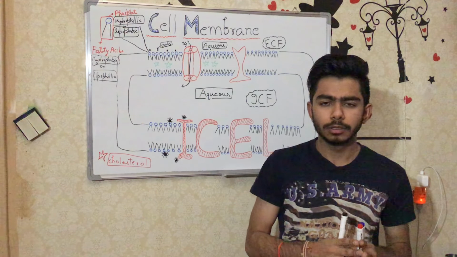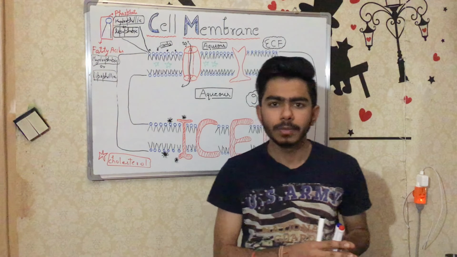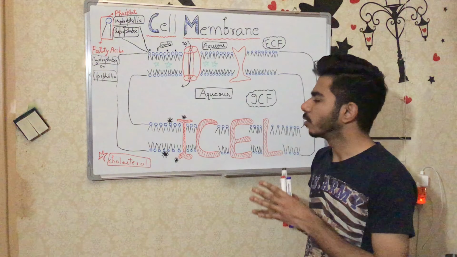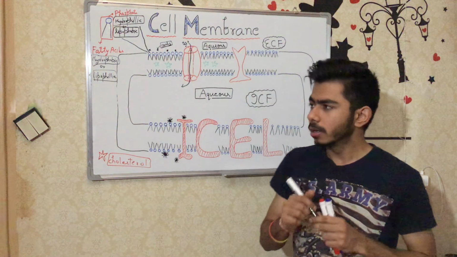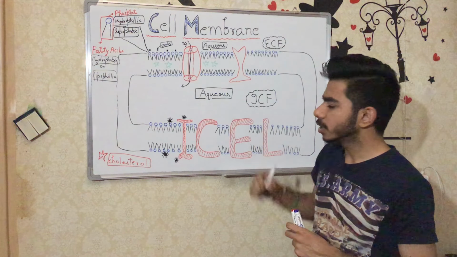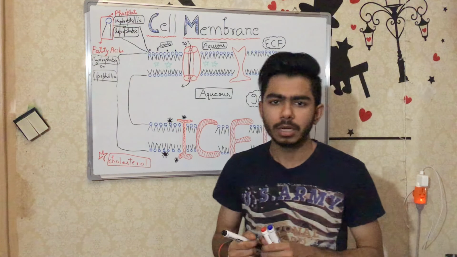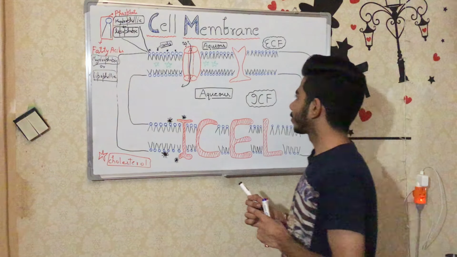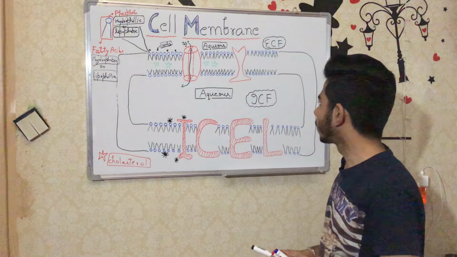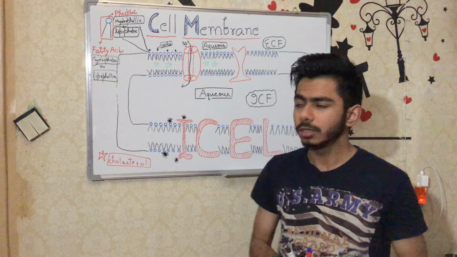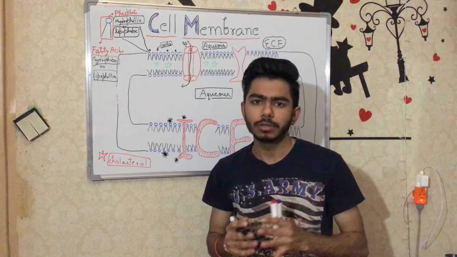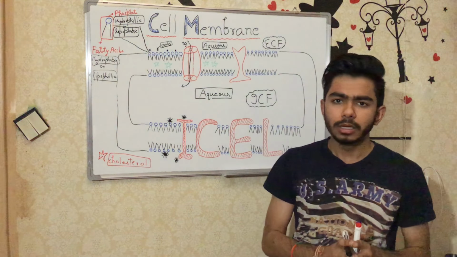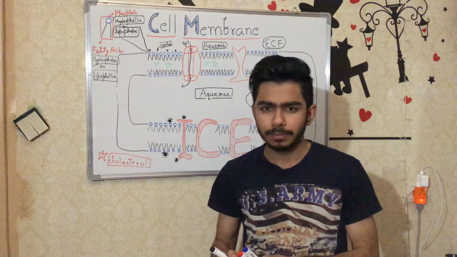How do they work and benefit the cell membrane, or how do they help some substances cross the cell membrane? They have many functions. Associated proteins, actually this channel is also part of these associated proteins. They can be divided into two parts.